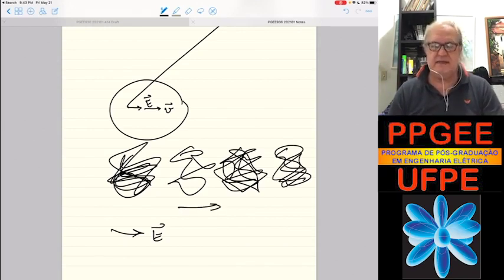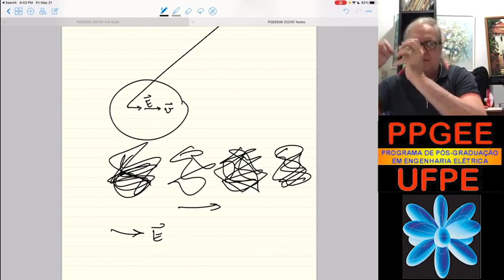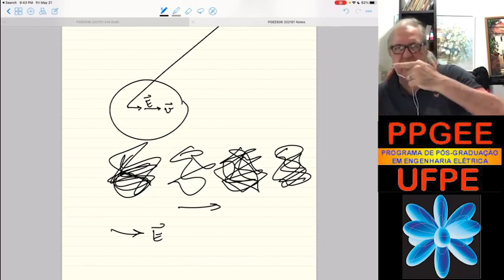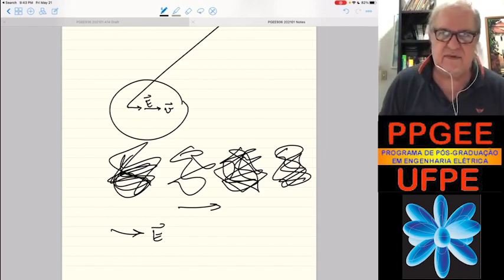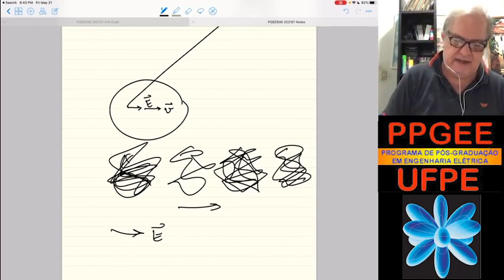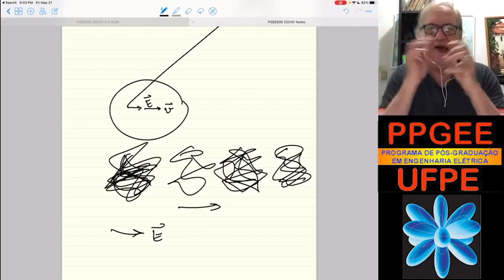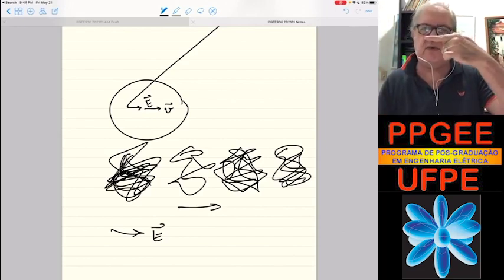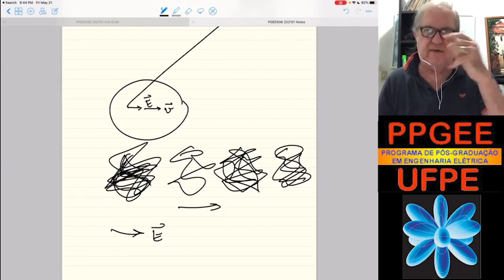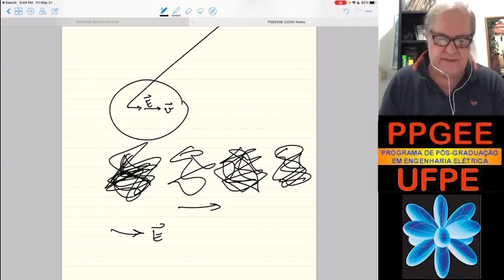That's how the movement is. You have a lot of collisions, right? But on average, this thing keeps colliding, but goes along the direction of the field. So that's why we have an average velocity. We have collisions, but on average, the centroid of the group of carriers is going in that direction.